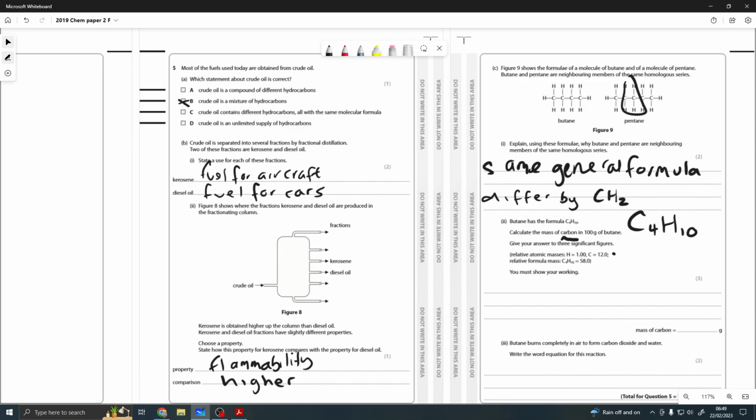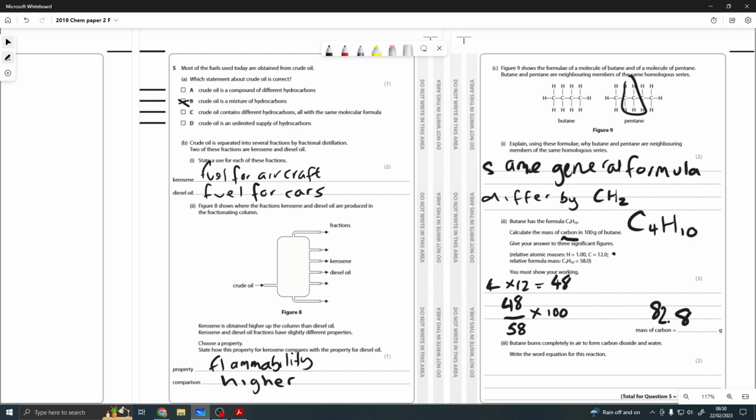So, that means there's 4 times 12 carbons, which is, as we know, 48. Now that means 48 of 58 is carbon. And if you take that and times it by 100, you end up with your final value of 82.8 grams.